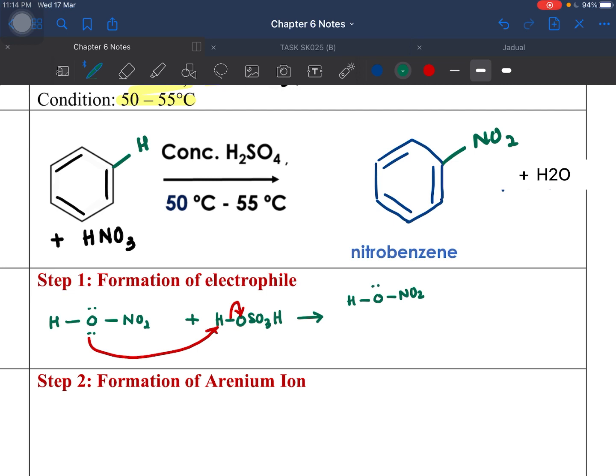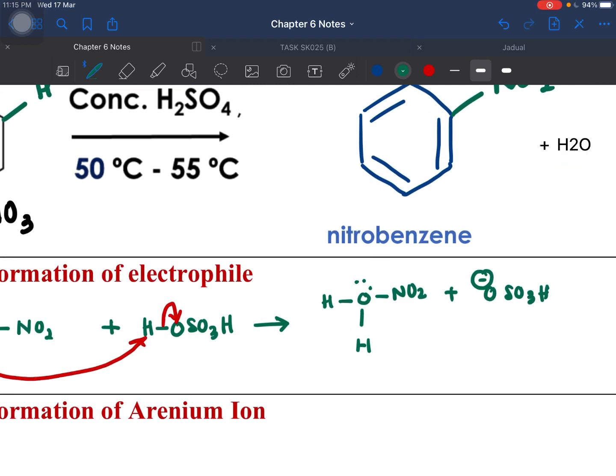Okay, so lone pair tadi kita dah buat bond dengan hydrogen. Okay, so plus OSO3H minus, sebab sekarang kita ada extra electron. So di sini tadi bila kamu kira formal charge, kamu akan dapat positif. Okay, so let's draw it clearly.